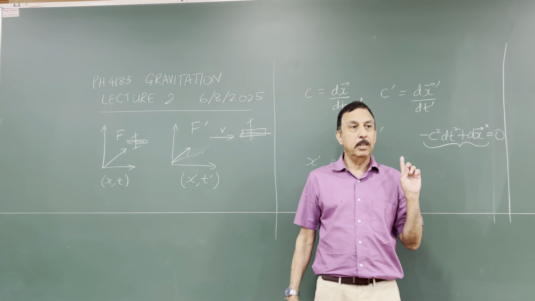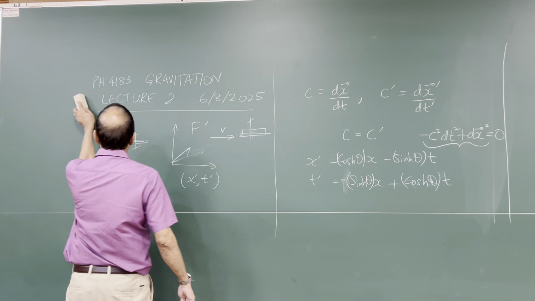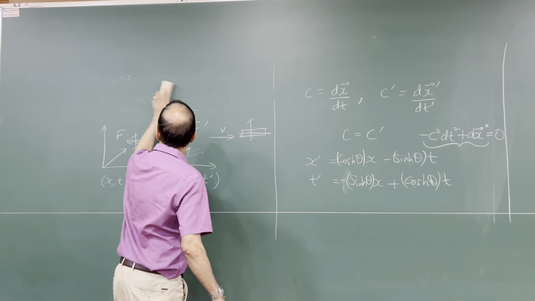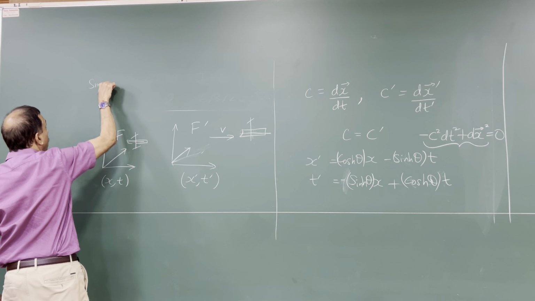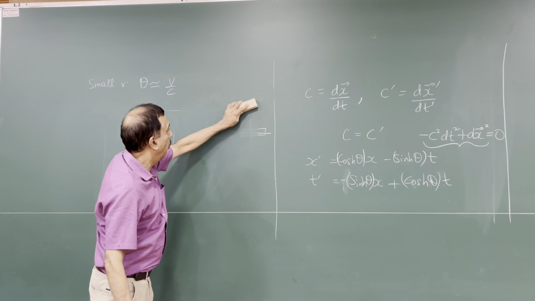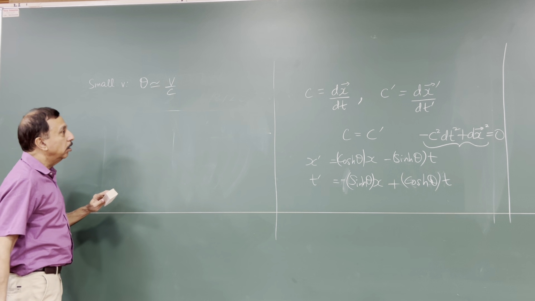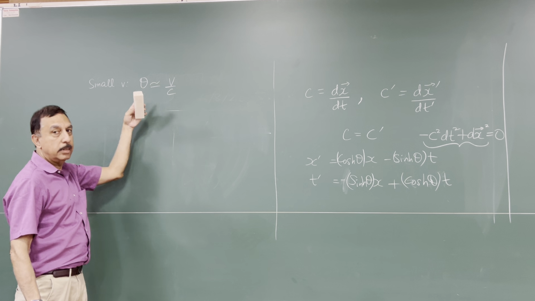The physical quantity can only be v, which is the only data I have which connects one frame to another frame. So how is theta related to v? And then we found that for small v, theta is approximately v by c, which is very good. Exactly what we want. However, this can't work for large v.